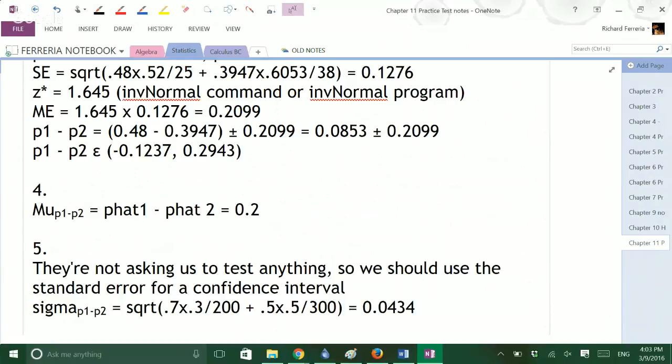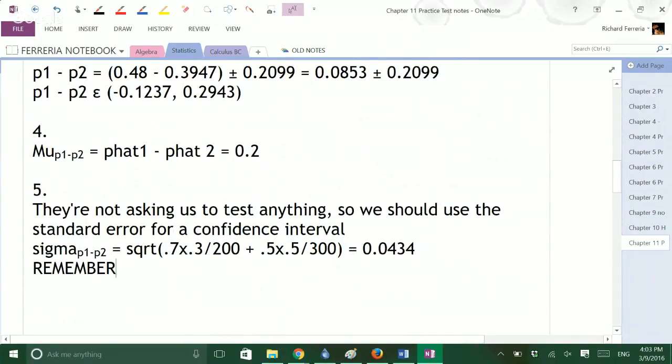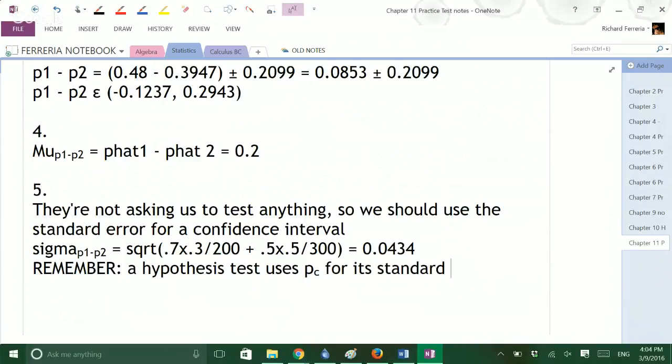Is that what I gave you? Yeah. So remember, a test uses PC. The sampling distribution does not use PC.